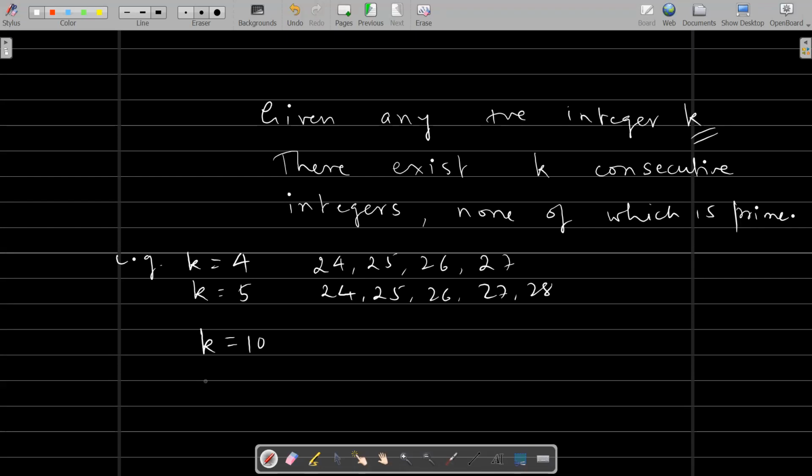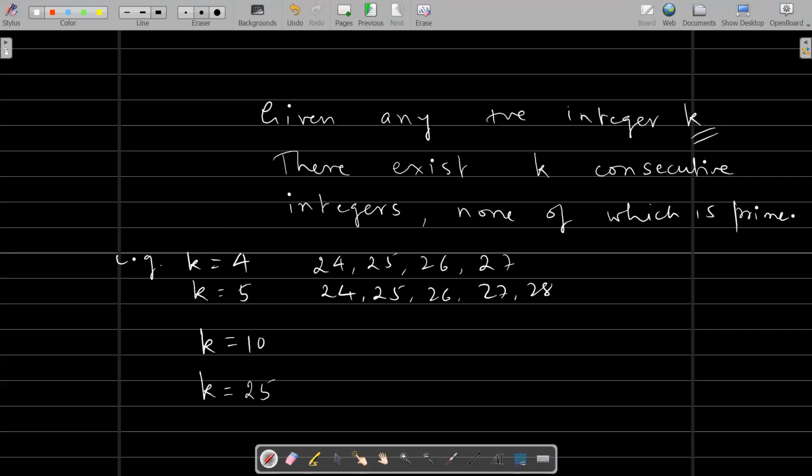Okay, so those who have got it for 10, we can try for some bigger number. Say 25 consecutive composite numbers. Yes, Ritwik.